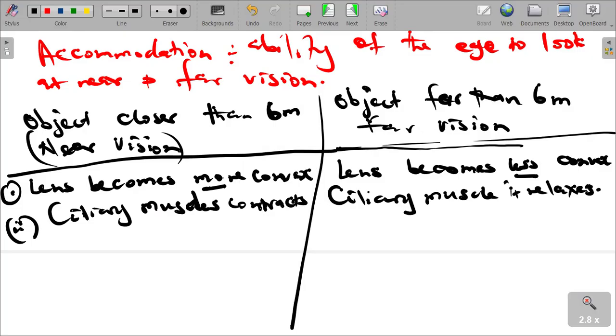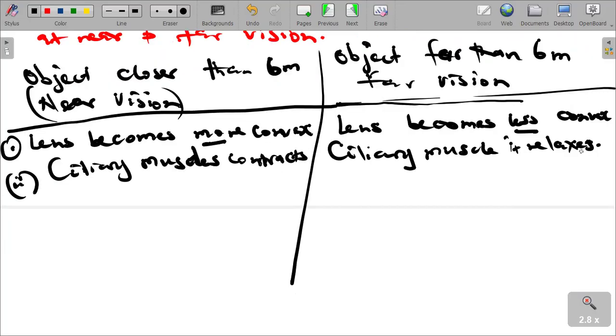What is very important here is for you to understand the reason: when an object is too far, more light must be able to enter the eye, and when it is too near, we need to reduce the amount of light entering the eye. Those are the basic understandings you need.